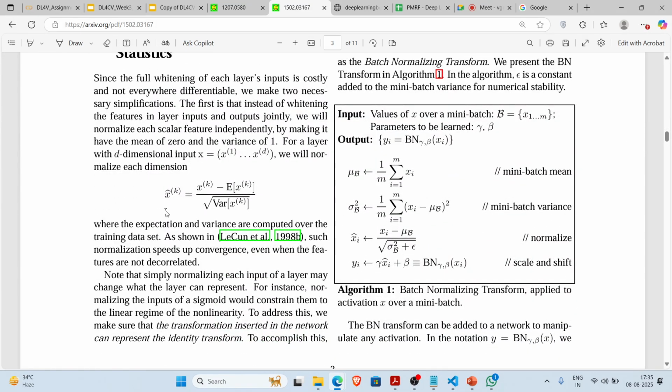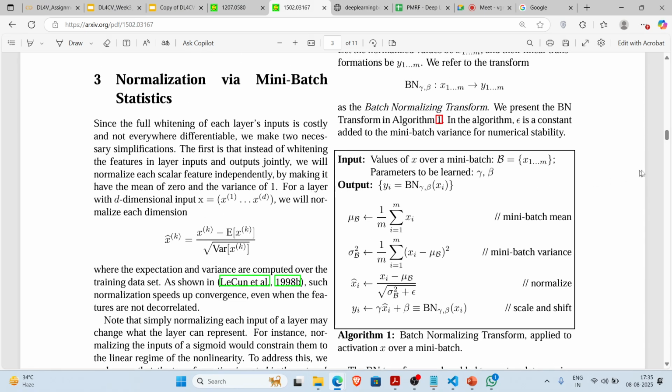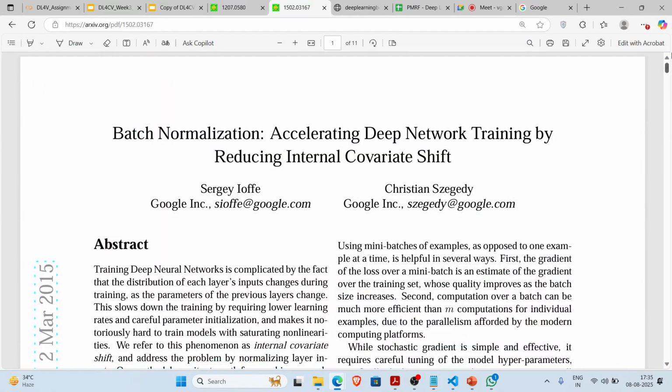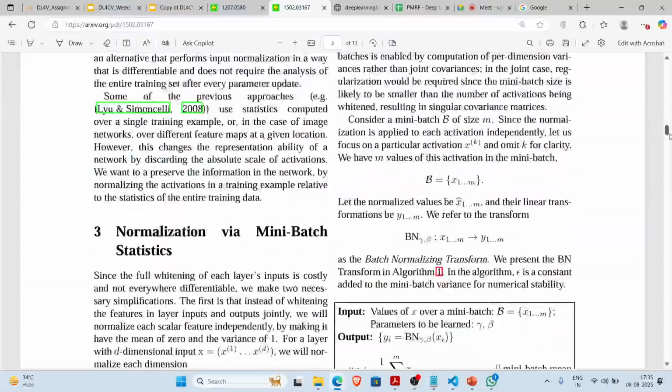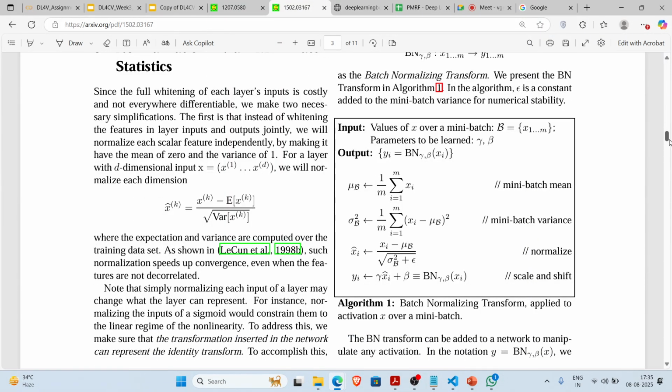The formula for batch normalization is this: for a kth batch, okay, k is the batch here. So that is what they have shown here.